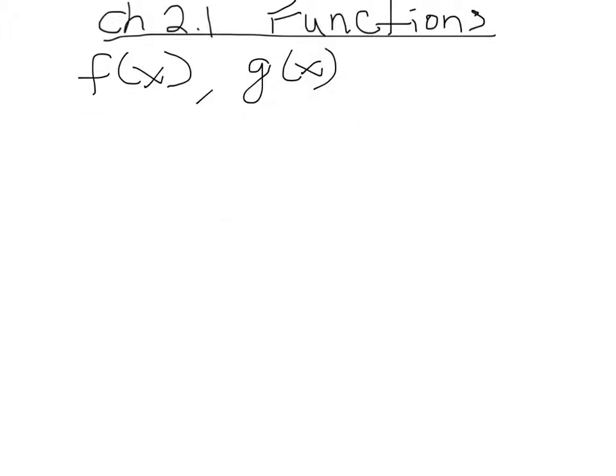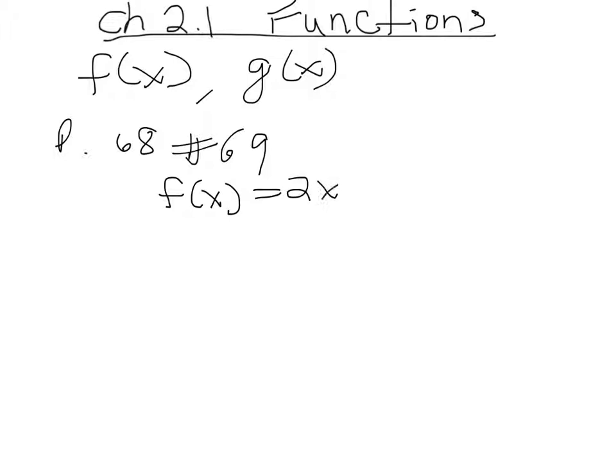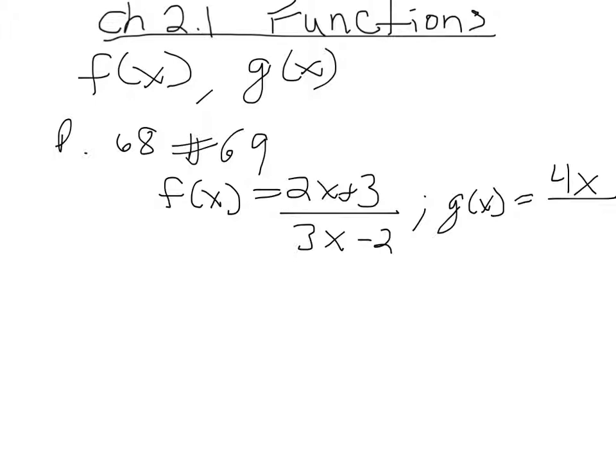So let's do an example from page 68, number 69. It gives you the function f of x equals 2x plus 3 over 3x minus 2, and g of x equals 4x over 3x minus 2.